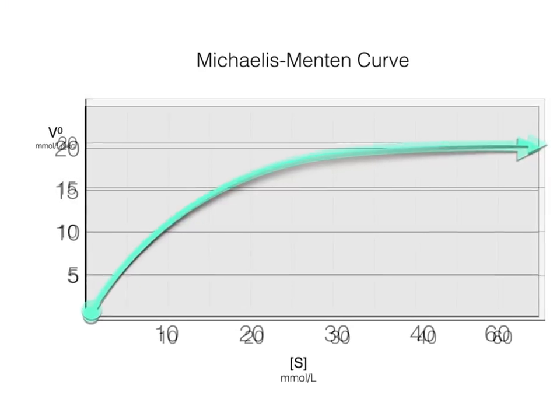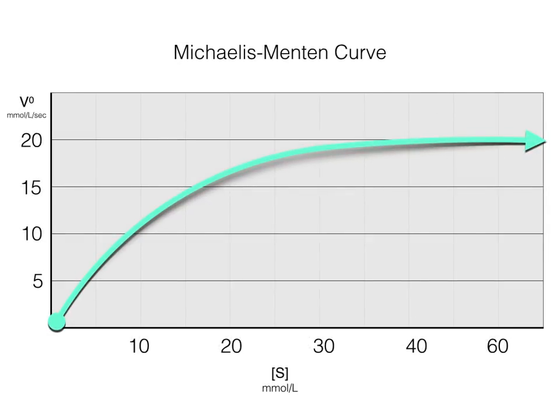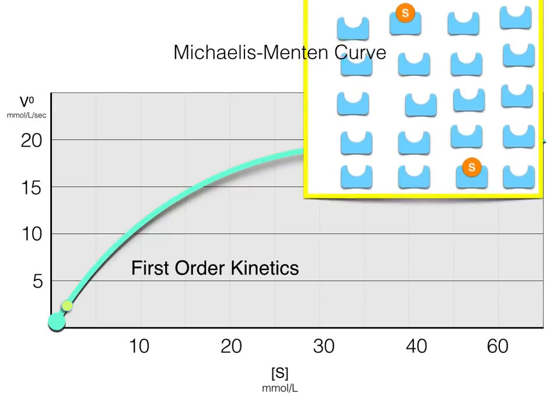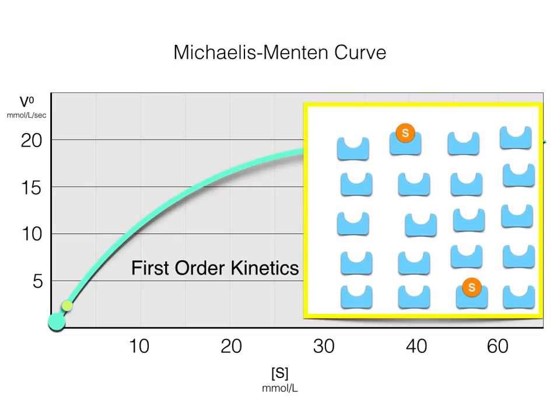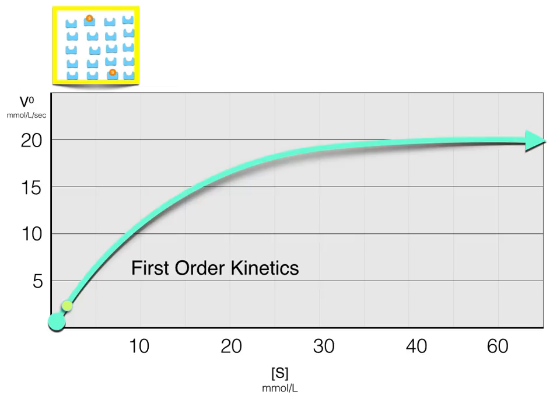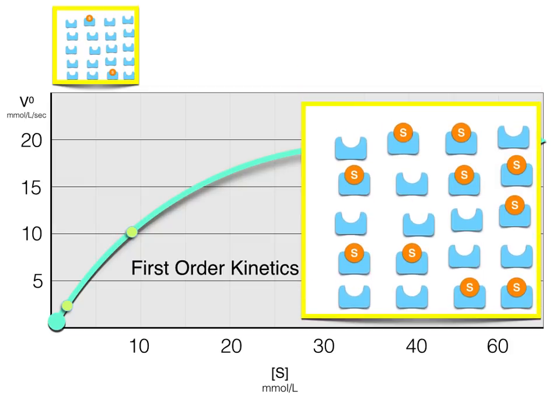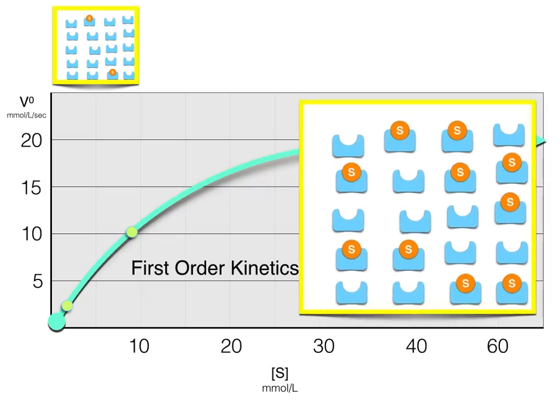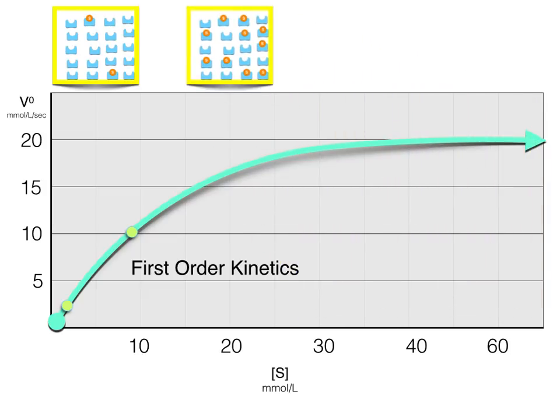So just to recap, initially, an enzyme catalyzed reaction obeys first order kinetics. And the reason for that is that there are more enzymes than there are substrates. So if we introduce more substrates, more enzyme binding sites will be occupied, and consequently more products will be formed, corresponding to a faster reaction rate.